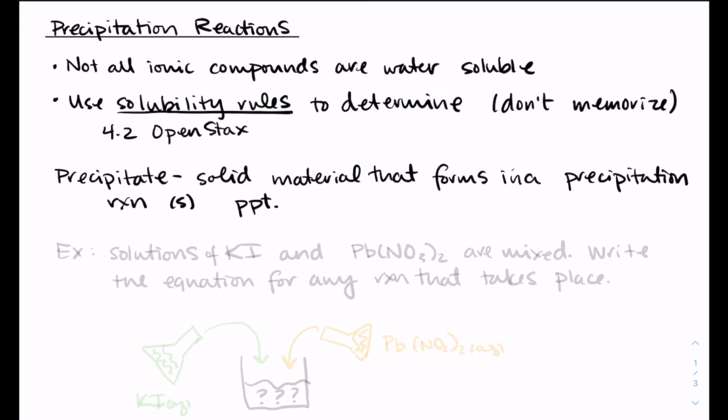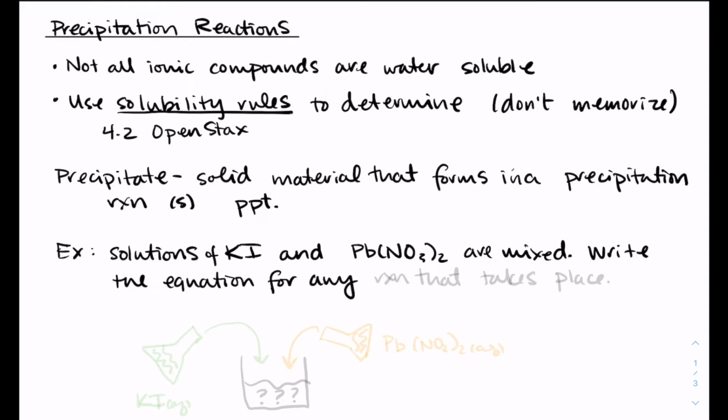You get something that comes out of solution in the form of a gas. Again, and as always, let's look at an example to see what this would look like. If you mix together solutions of potassium iodide and lead nitrate, you may or may not get a reaction, but let's see what happens and then write a reaction equation for any reaction that takes place.